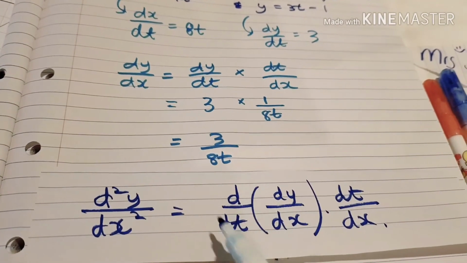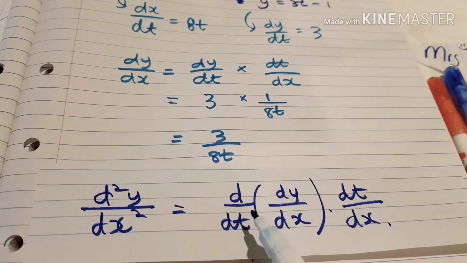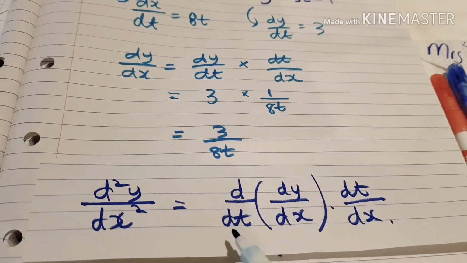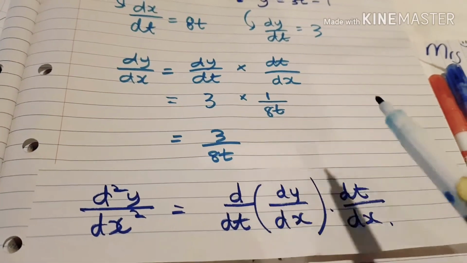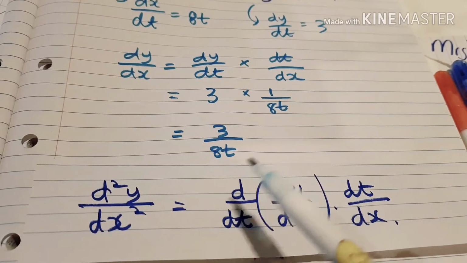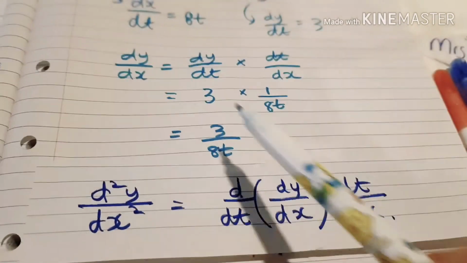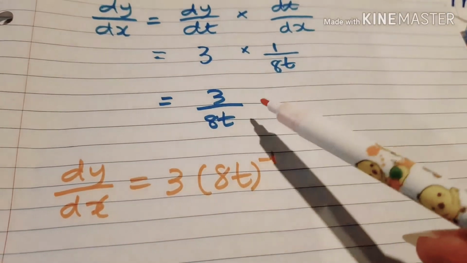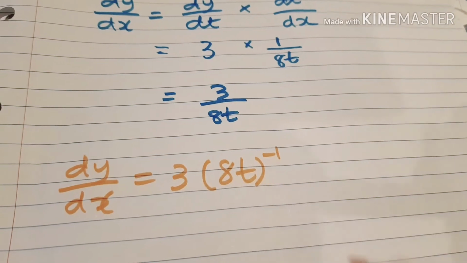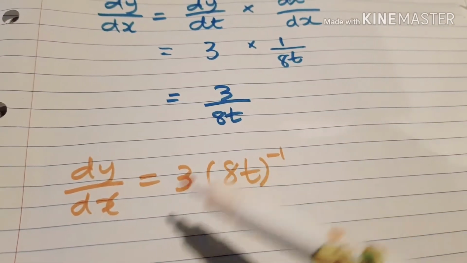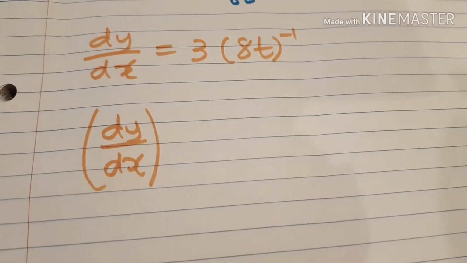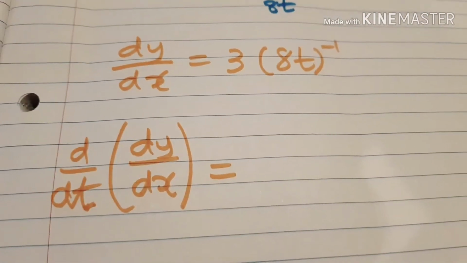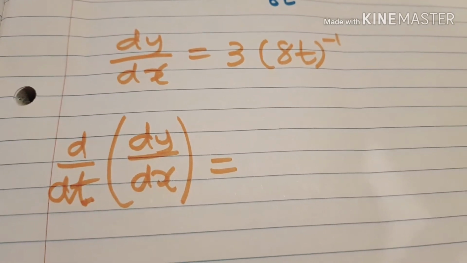Remember this one, that means I'm differentiating dy over dx once again in terms of dt. Okay, so this here means I'm going to differentiate this dy over dx once again. So here I write dy over dx with a negative power. I'm going to differentiate this in terms of what? In terms of t, like this. You get it?